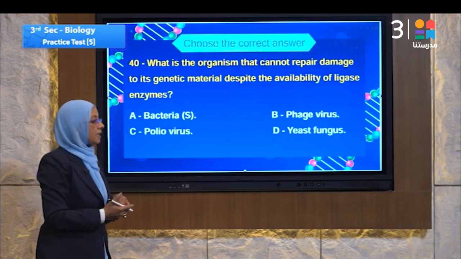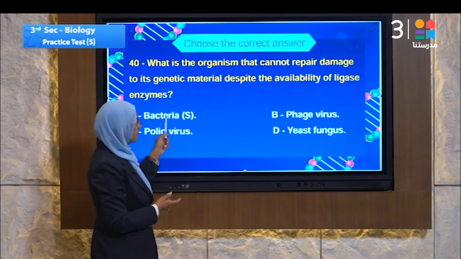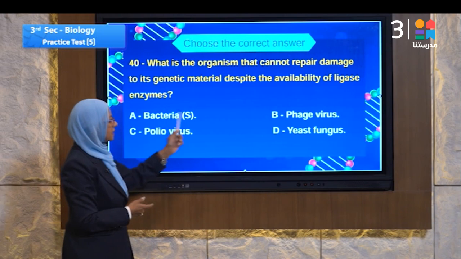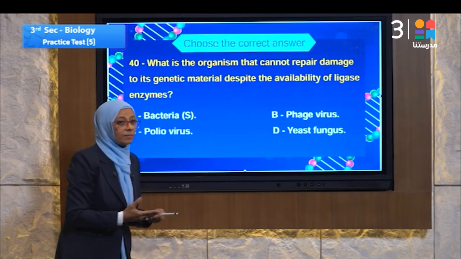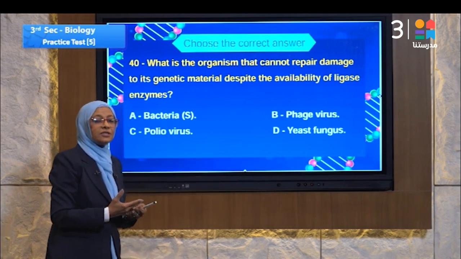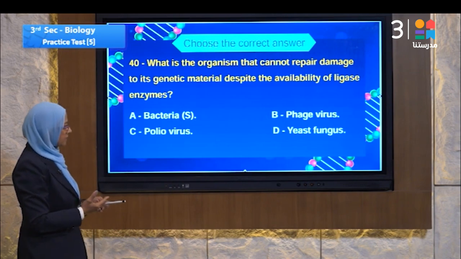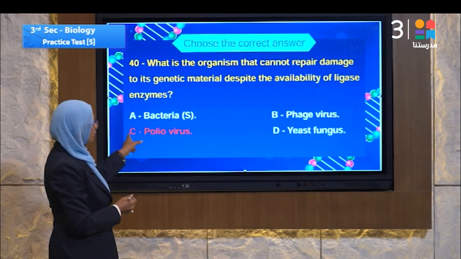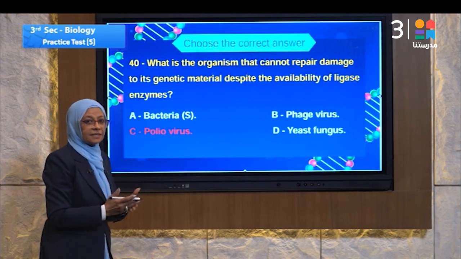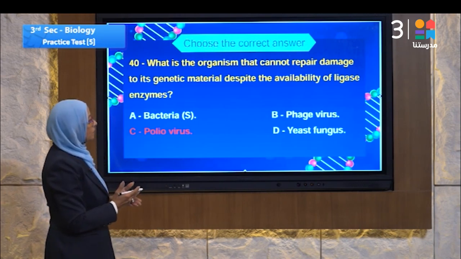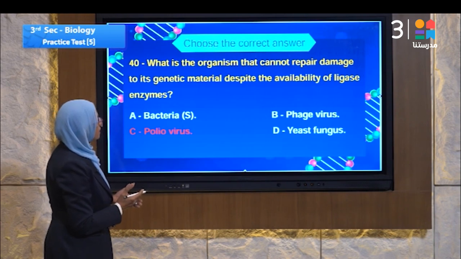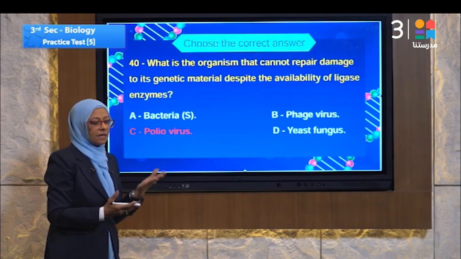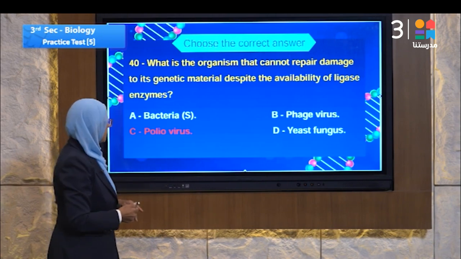Bacteria, phage virus, poliovirus, yeast fungus. Which of them has RNA as a genetic material? It must be poliovirus. Poliovirus has RNA, because when RNA is damaged, it doesn't have a double strand to repair it.